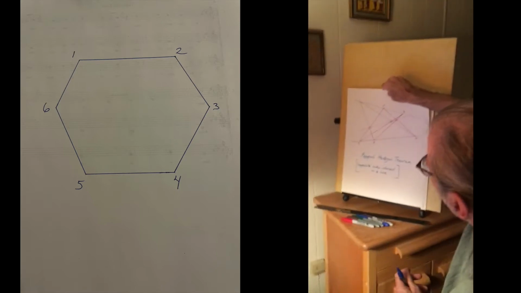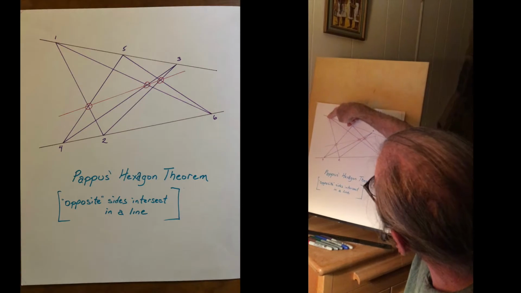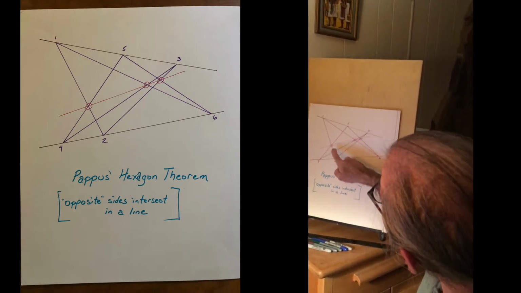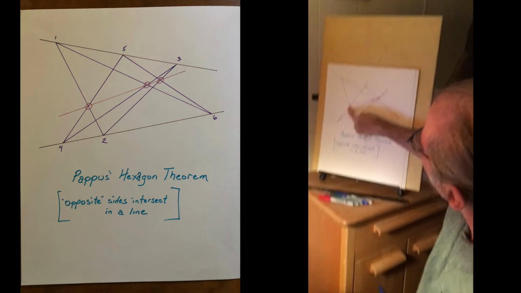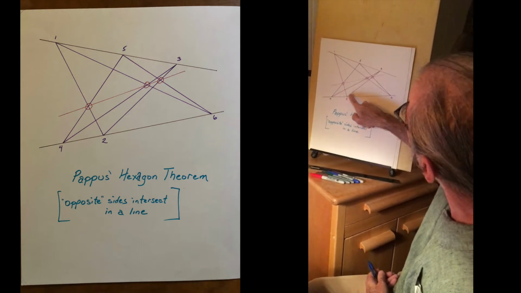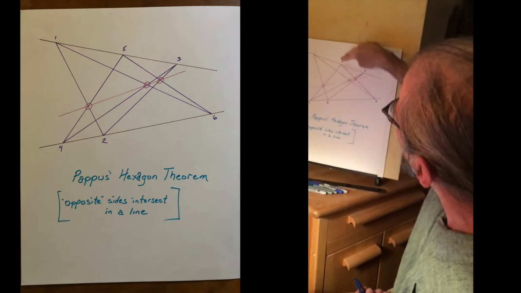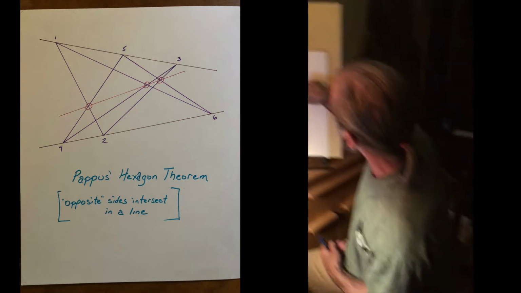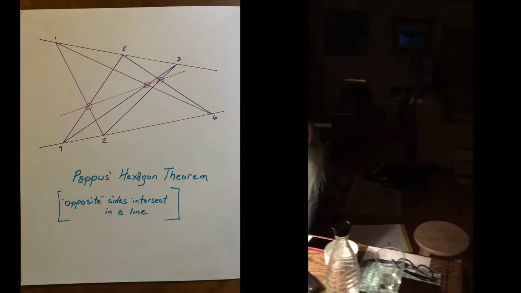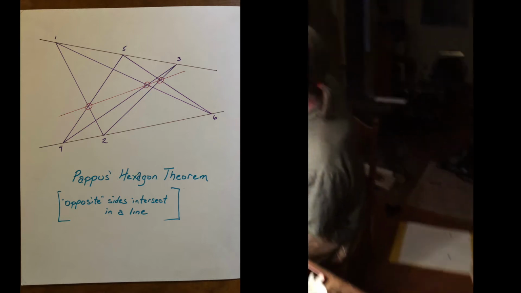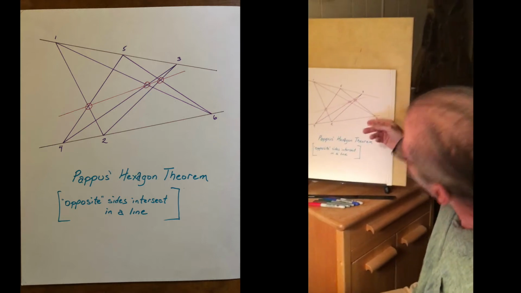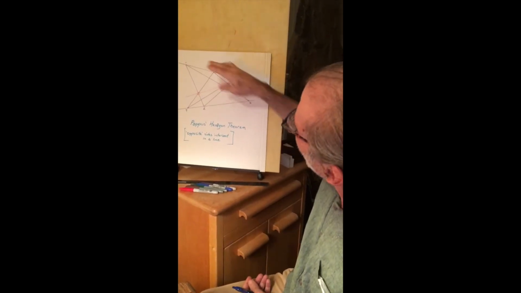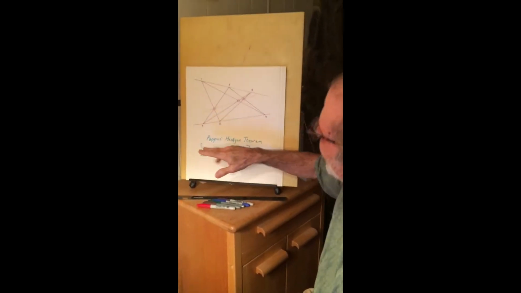So if you connect side 1, 2 with side 4, 5, they intersect there. And then if you connect side 2, 3 with side 5, 6, it intersects there. And if you connect side 3, 4 with side 6, 1, it intersects there.